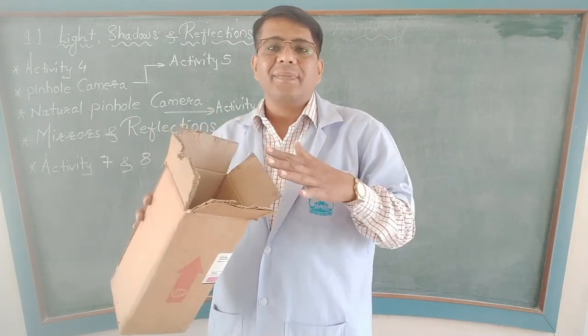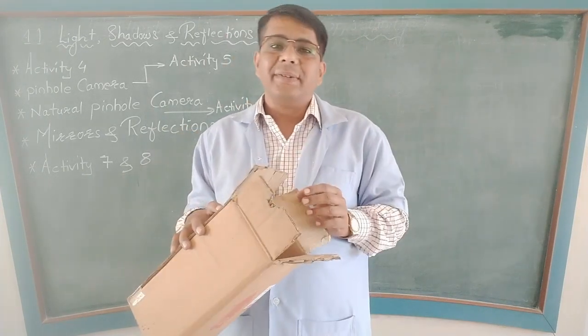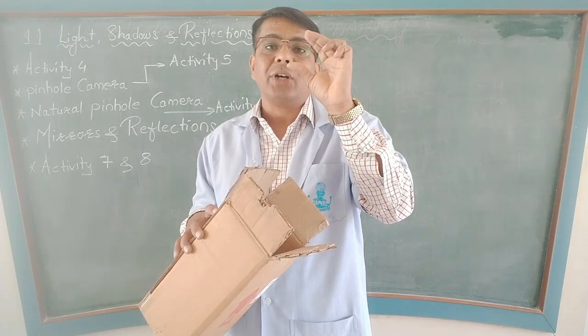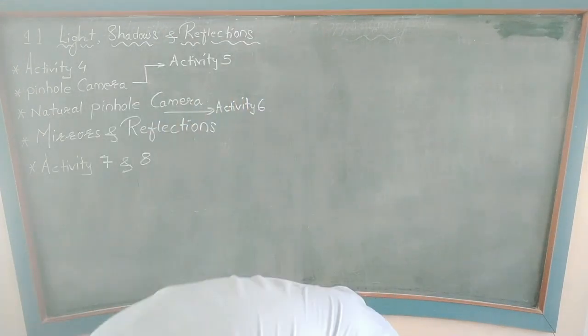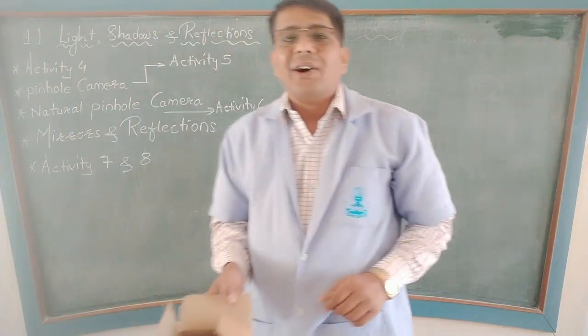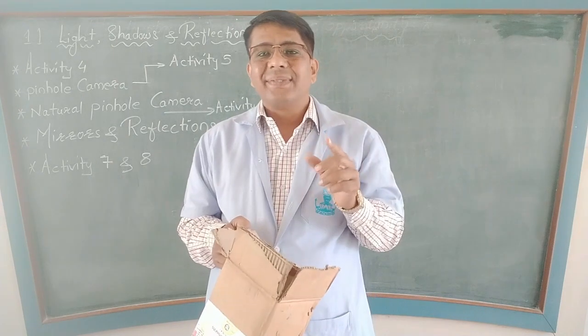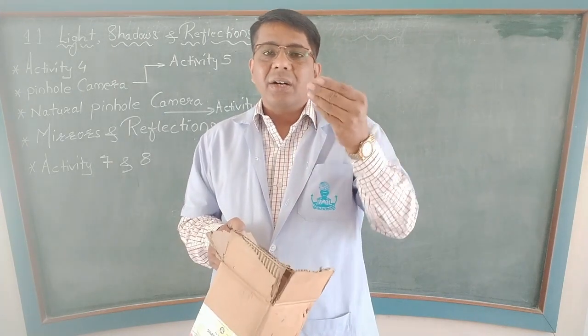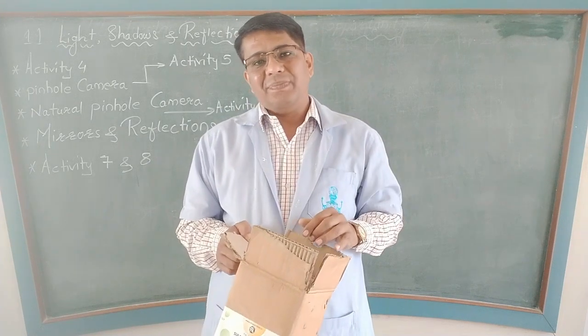Again cut open one end of that, and to the other end of that make a small square of 5 centimeter side. On that square paste or fix a translucent paper.